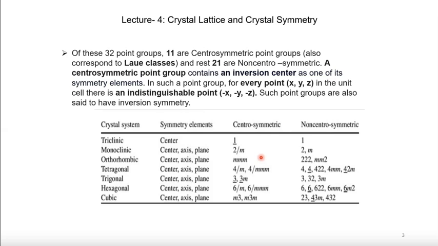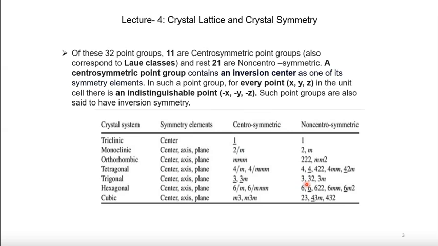I will come to it in the next slides. Okay, non-centrosymmetric point groups. So we have 11 centrosymmetric point groups and 21 non-centrosymmetric point groups. Non-centrosymmetric point group means that it does not have any center of inversion.